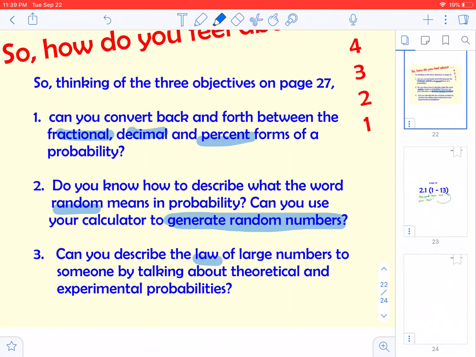And then the effect of doing a few experiments versus a large number of experiments takes us closer to the theoretical probability than the experimental probability, which starts off really weird because, again, random numbers will give us weird results initially, so we have to do lots of them.